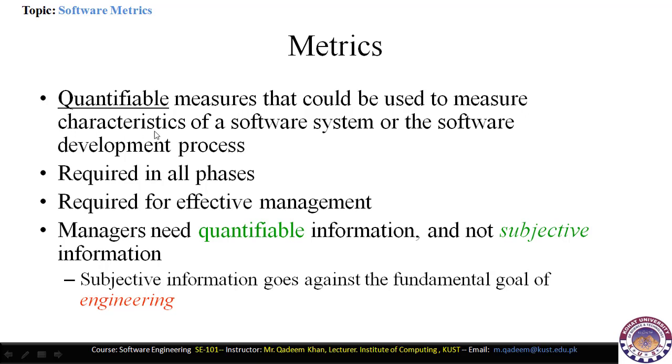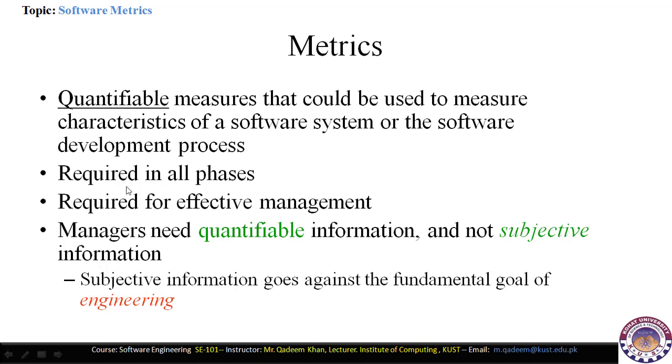There are many characteristics in a software system, and metrics are required in all the phases. Certain metrics can be used in certain phases of the life cycle model, like the LOC metric, that is line of code metric, which can be measured in the implementation. Similarly, the DRE metric can be measured in the testing.